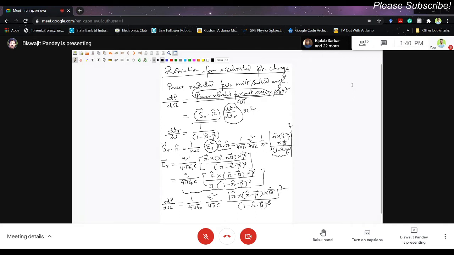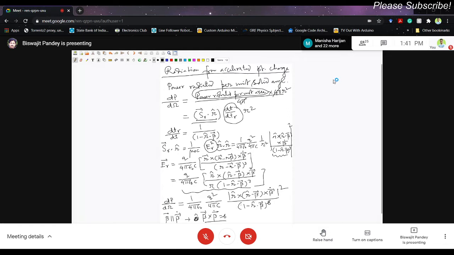We simplified this based on the case analyzed in the last class, when the velocity beta and acceleration beta dot were parallel, that is, collinear velocity and acceleration. In that case beta cross beta dot will be 0.